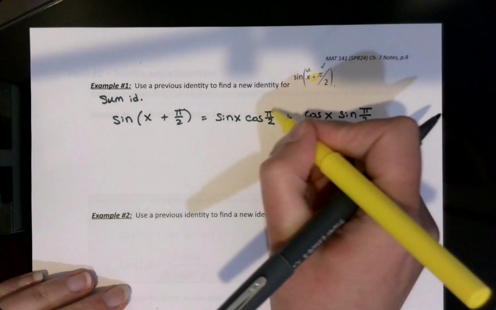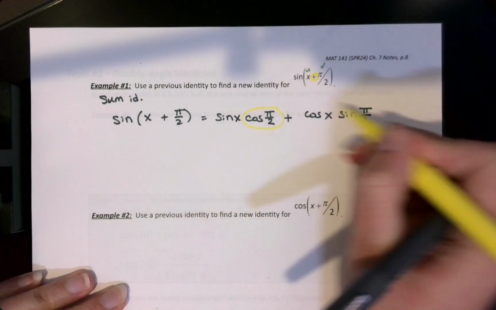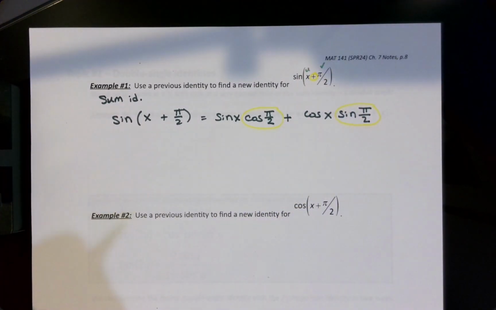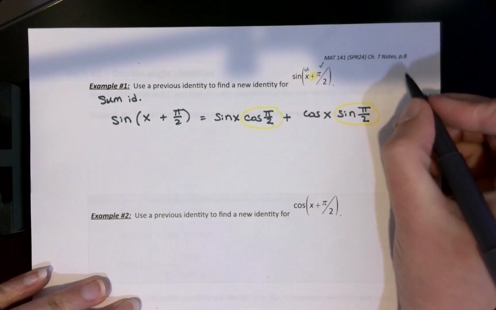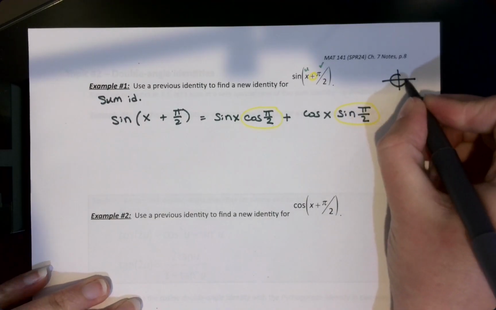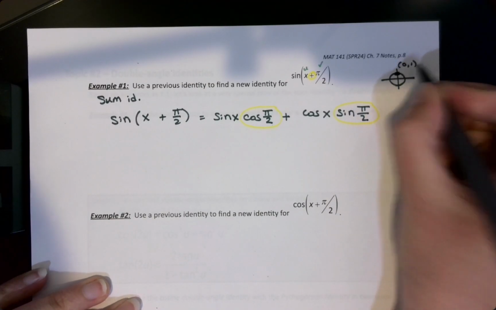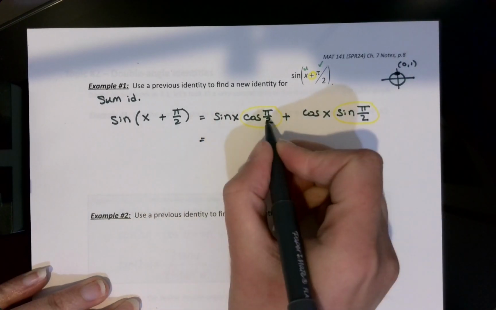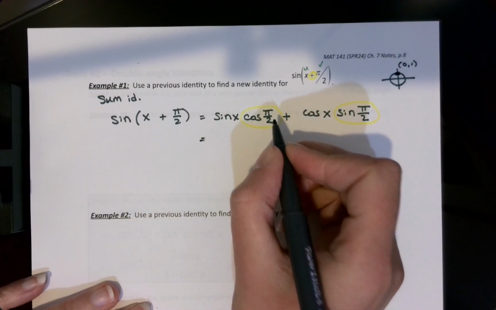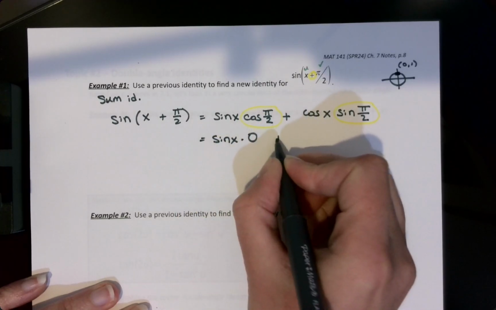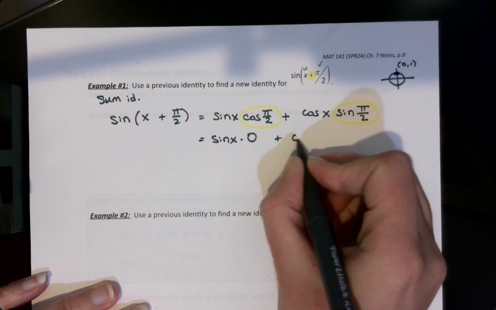Now I can evaluate the cosine of pi halves and the sine of pi halves since that's a numeric angle. On the unit circle, I know that pi halves is right here, and that's the ordered pair 0, 1. So the cosine value is going to be 0, and the sine of pi halves is going to be 1.